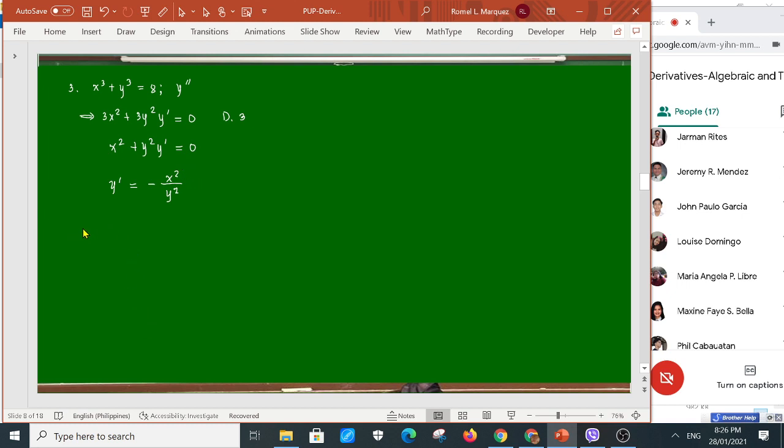Second derivative. Be ready? Rashid. Walang nasagot eh. Si Rashid na lang. Nakikita ko si yan. Y double prime. What's the derivative, Rashid? Negative. Yan. Ihiwalay ko na yung negative. What do you want? Include ang negative sa numerator or outside?